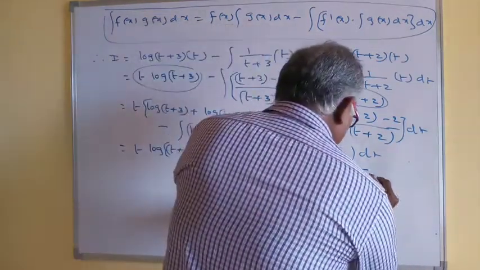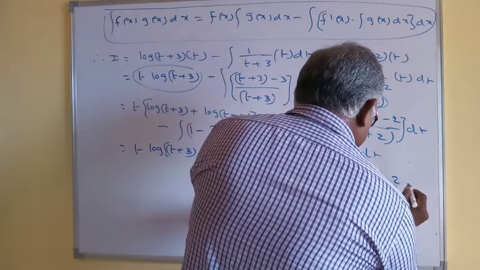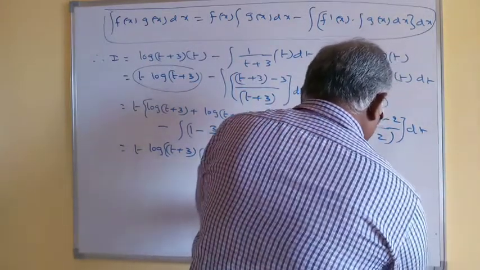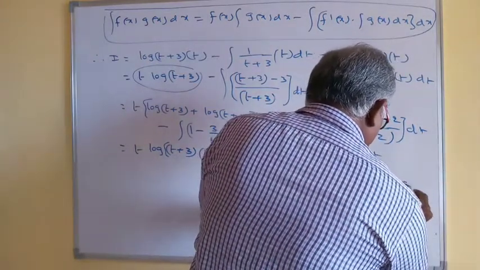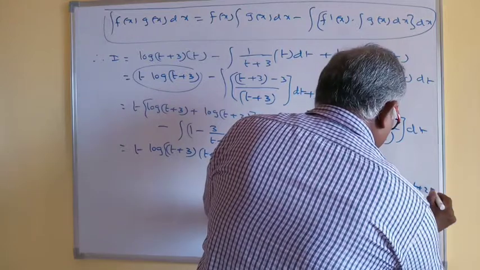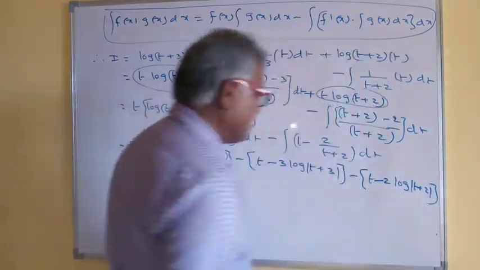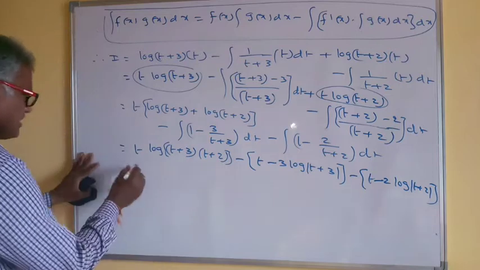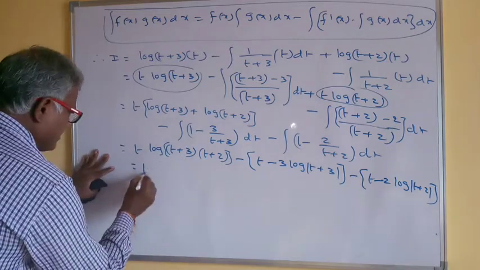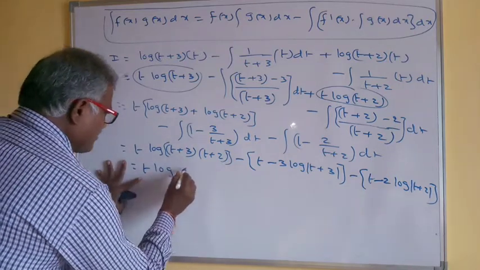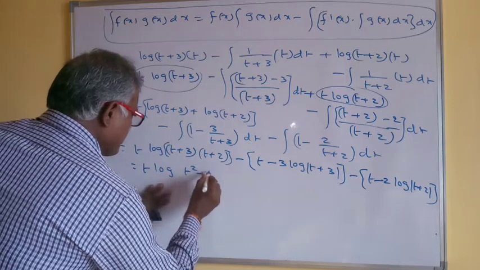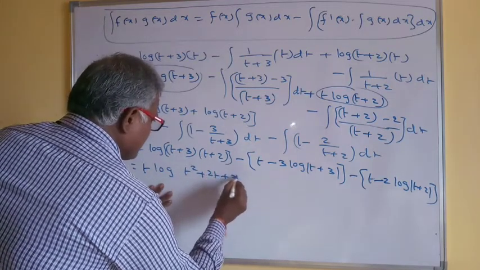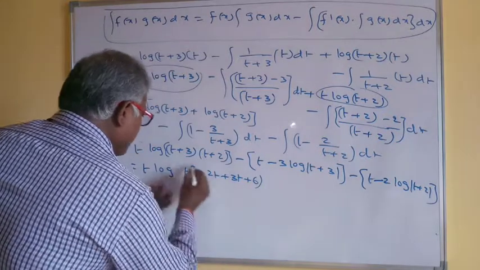Here for 1, t minus 2 log, here 2 log t plus 2. Okay? Next. Here finally t into log of t square plus 2t plus 3t plus 6.